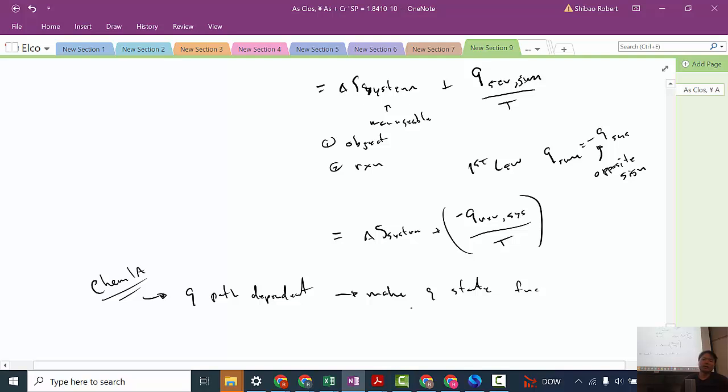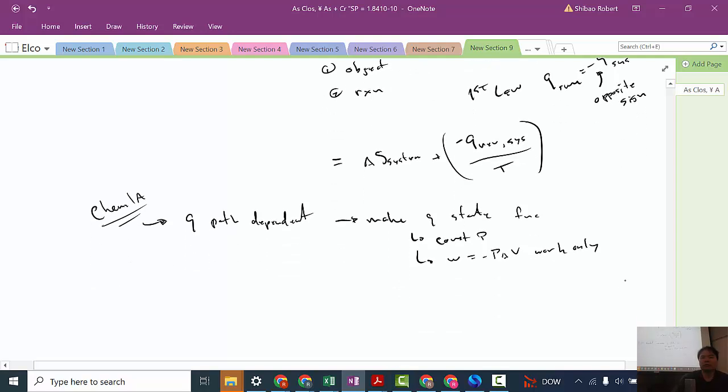How we make Q a state function is we restrict the pressure to constant pressure, and we restrict the work to P delta V work only. By doing these two restrictions, then Q is always going to be the same.